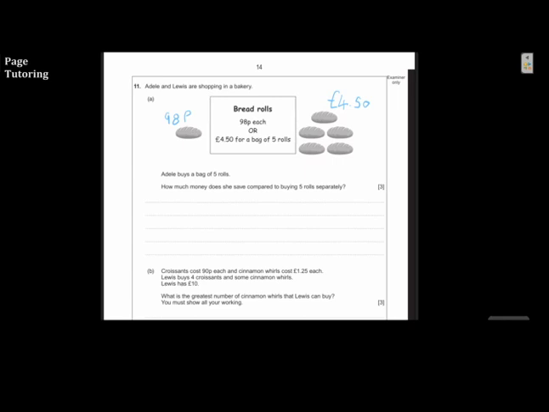Okay, well, we already know how much a bag of 5 rolls costs. They've told us in the question. So now we need to know how much it would cost if we bought 5 individual rolls. So 5 times 98p. So 5 times 98 is not easy. But what is easy is 5 times £1.